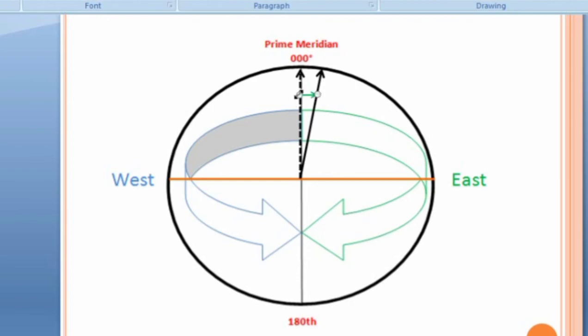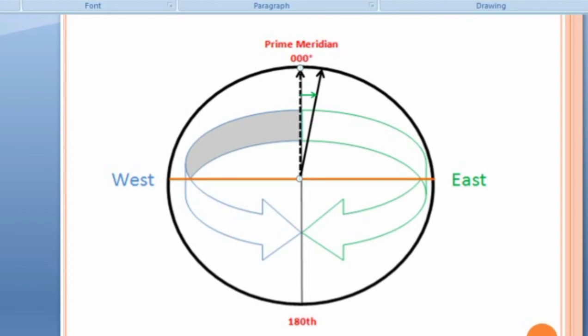So if this is the easterly direction, then it means that this broken line arrow here, which is pointing to the 00 degrees or the prime meridian, is the place of origin, right?